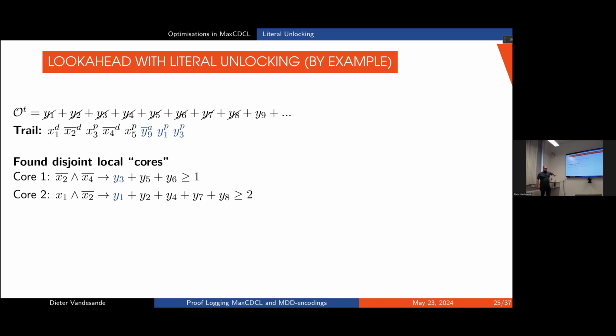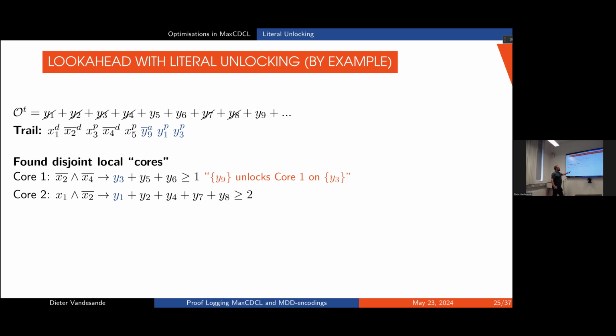So at this moment, I can actually say that if I want to have an underestimate of the lower bound, I will probably want to assign these 2 to false, because otherwise I'm not trying to get it as small as possible anymore. So we now say that y9 unlocks core 1.